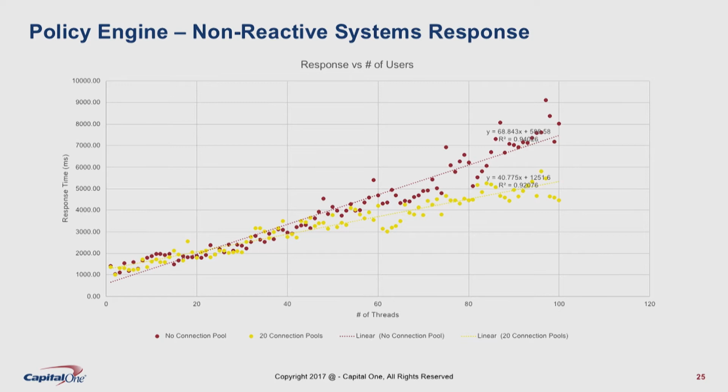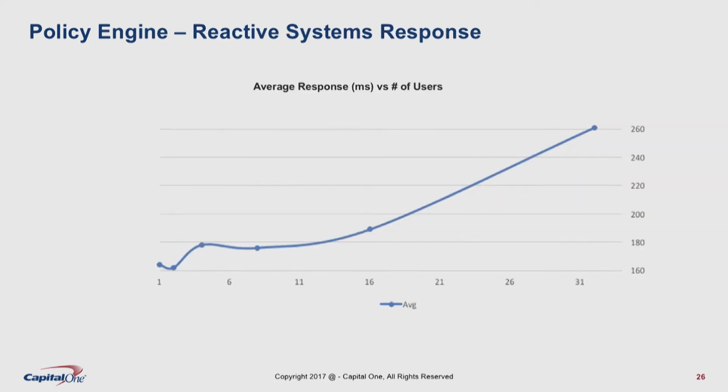So you can see we tried a couple different things. We tried using threading connection pools. We tried no connection pools. And we got a little bit of a benefit, but we were trying to hit that 1 second mark, the very bottom line. Wasn't going to happen, not with this particular technology. So with the reactive systems, this is one server.